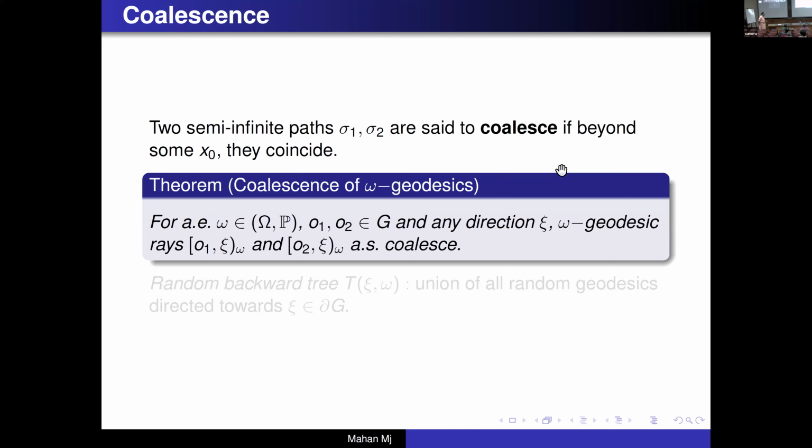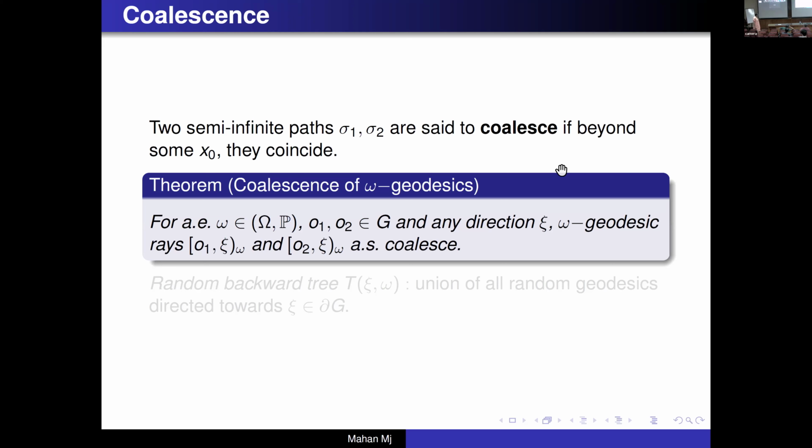So basically, if you take the triangle, so to speak, with one vertex at infinity, xi, and vertices at O1, O2, it will look exactly like that tripod. So where A is xi and B and C are O1, O2. So this is what's called coalescence.